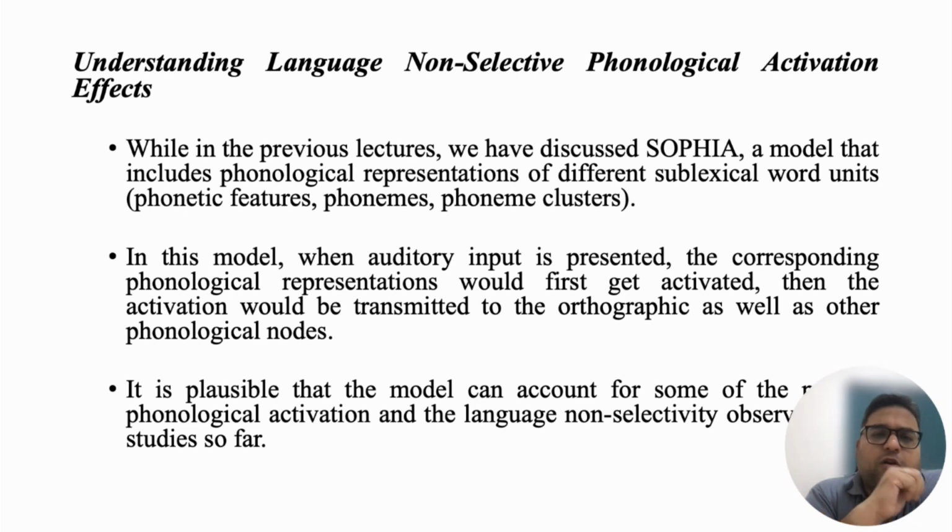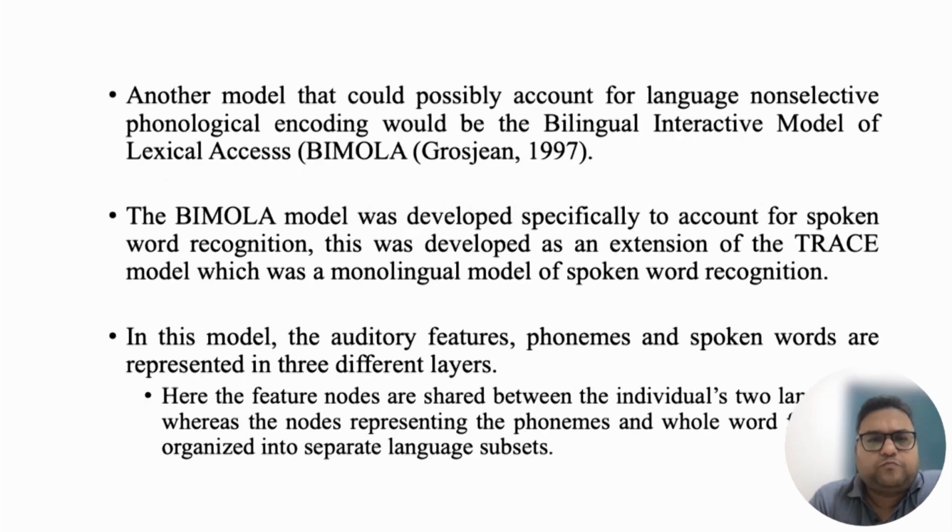In the SOFIA model, whenever the auditory input is presented, the corresponding phonological representations first get activated, then the activation is transmitted to the orthographic as well as other phonological nodes. You can refer to the previous lectures where I have discussed the SOFIA model in much more detail. It is plausible that this model can account for some of the phonological activation and language non-selectivity observed in the studies we've seen so far, the Marian and Spivey studies.